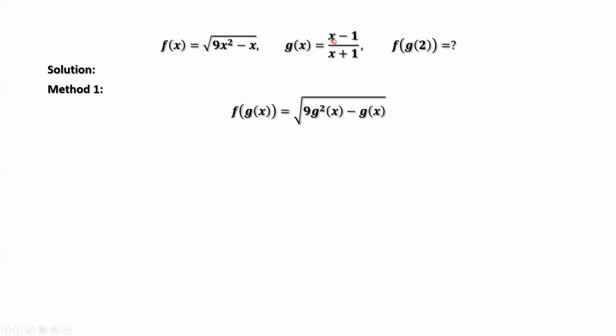G of x equals x minus 1 divided by x plus 1. From the right-hand side of this equation, we replace g of x by x minus 1 divided by x plus 1. We simplify the inside part of the right-hand side.